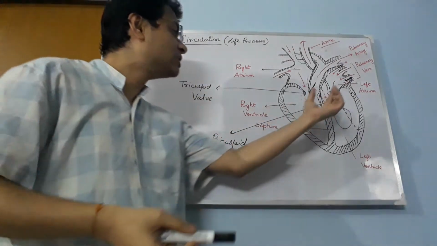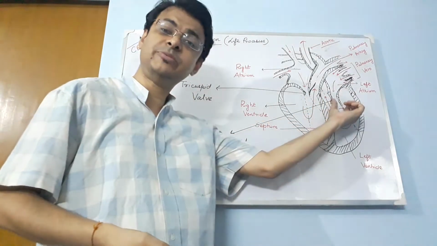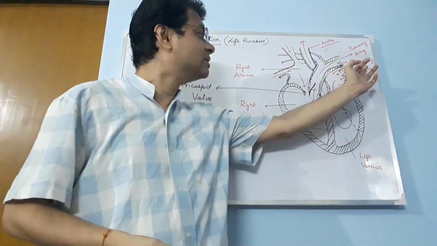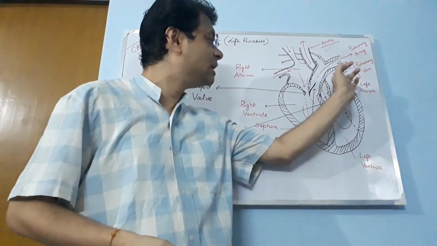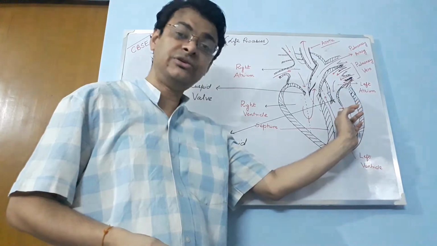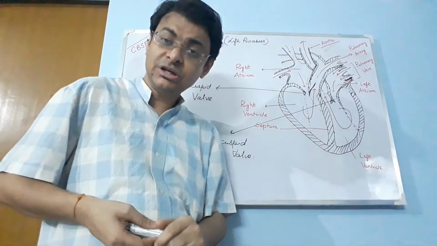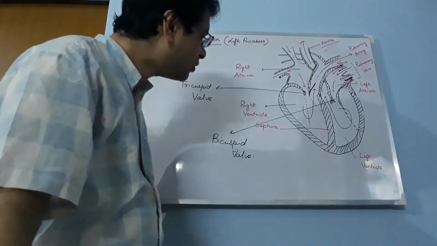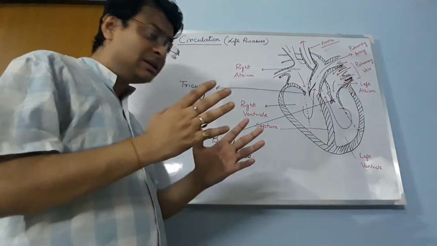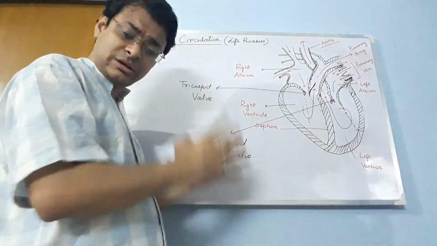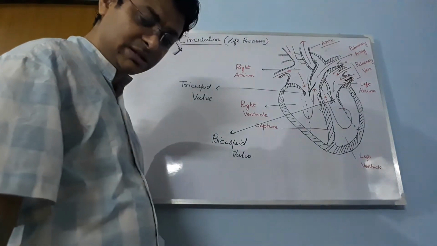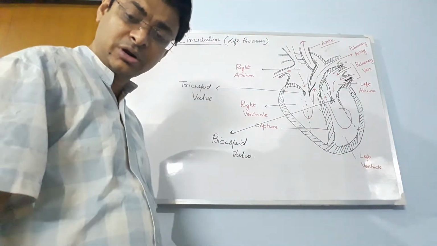The bicuspid valve is the same: blood flows from the left atrium to the left ventricle only, not in the opposite path. Now students, just follow what I say, because this is very important.